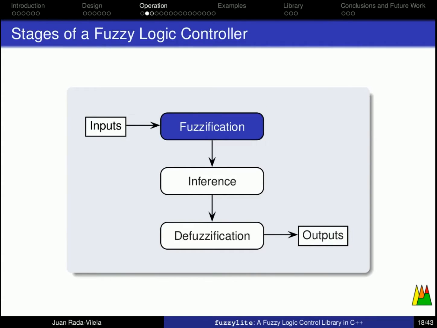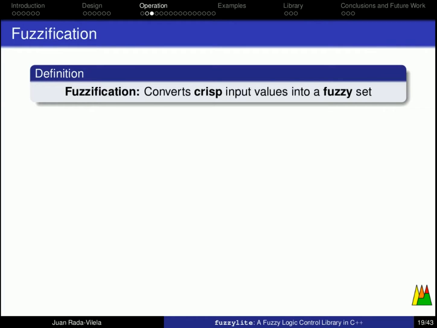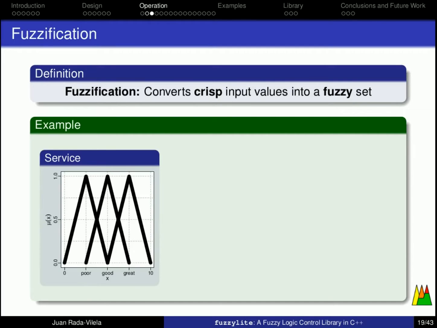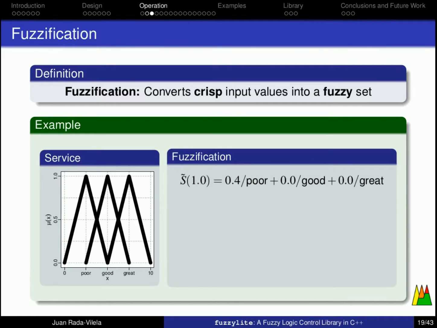The first stage is fuzzification, and it basically converts the crisp values into a fuzzy set. You should know already how to do this. For example, we have the input variable service, and fuzzification is basically defining the fuzzy set. So for a value of 1.0, for a ranking of 1.0, we say that the associated term is poor with a degree of 0.4.